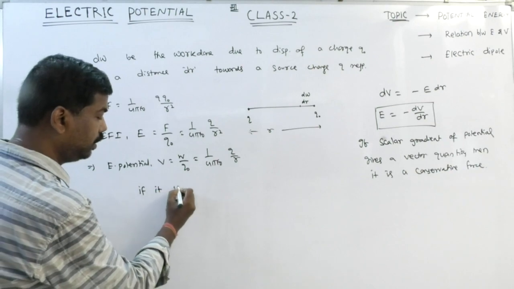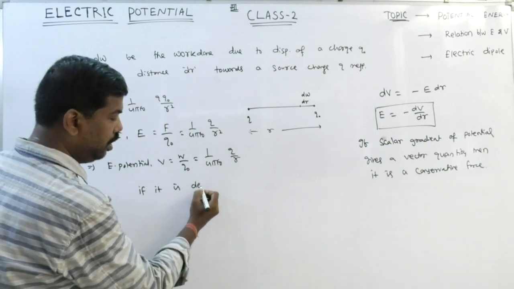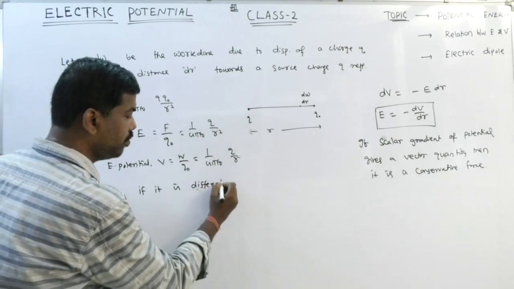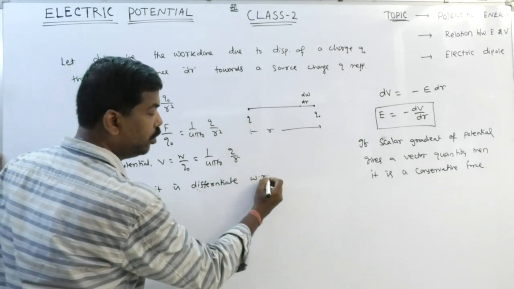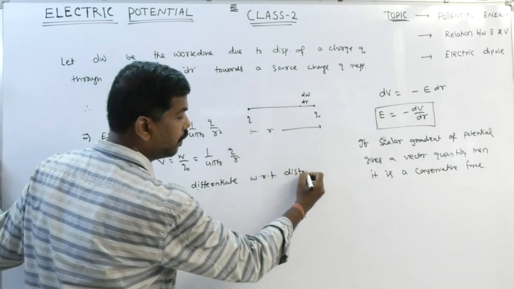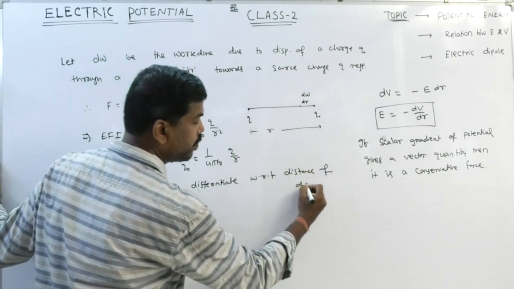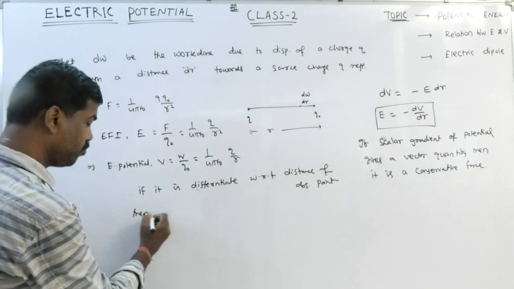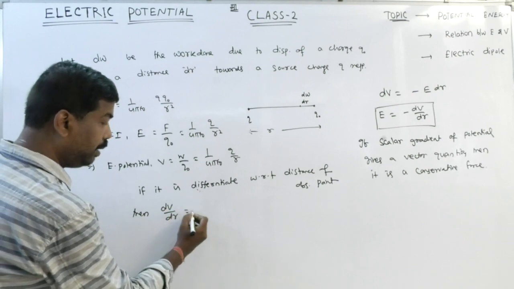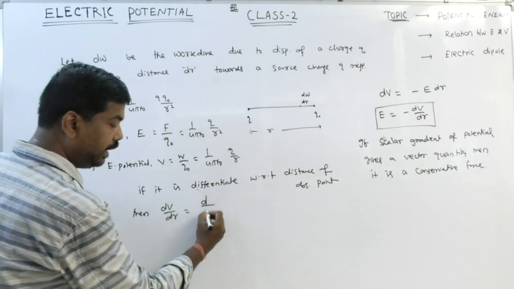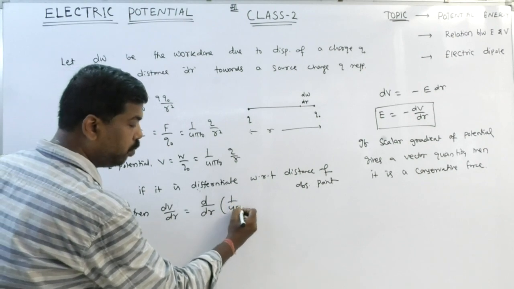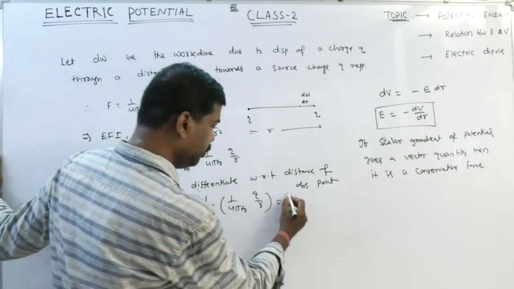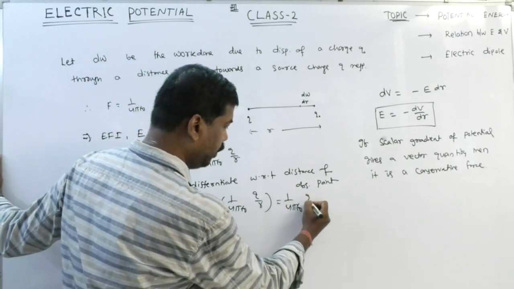If it is differentiated with respect to the distance of the observation point, then dV by dr is the derivative of 1 by 4 pi epsilon 0 Q by R. Here 1 by 4 pi epsilon 0 Q is common.